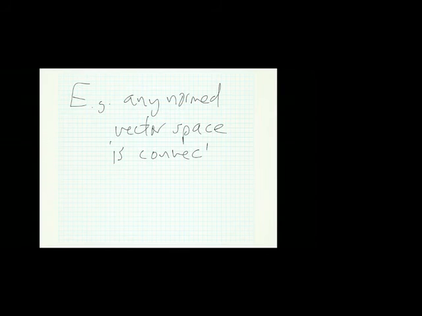So there are some immediate consequences of these things. For example, any normed vector space, when you think of it as a topological space, is connected. You can never, ever, ever have a normed vector space that's disconnected.